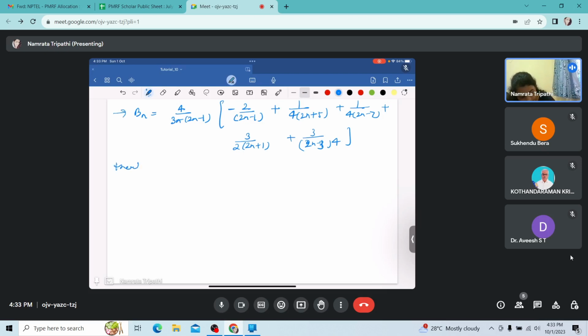Therefore, the solution becomes the sum of B_n sin(3(2n minus 1)/2 t) into sin((2n minus 1)/2 x). Sorry, this is x.